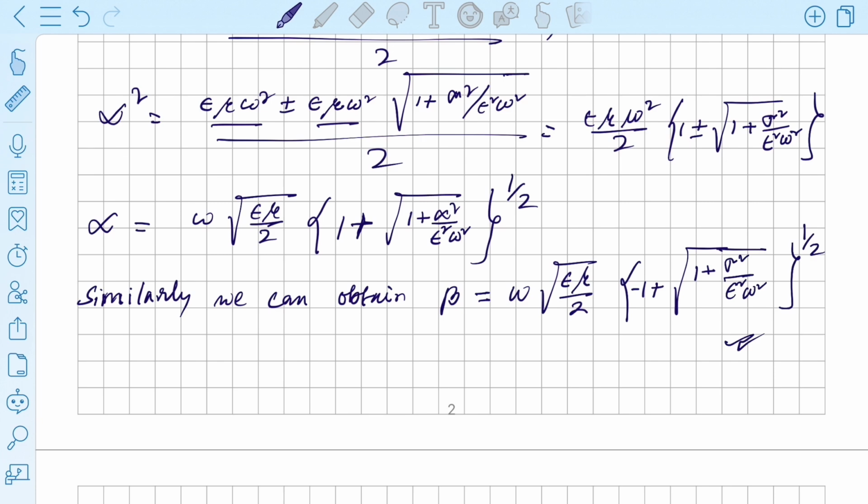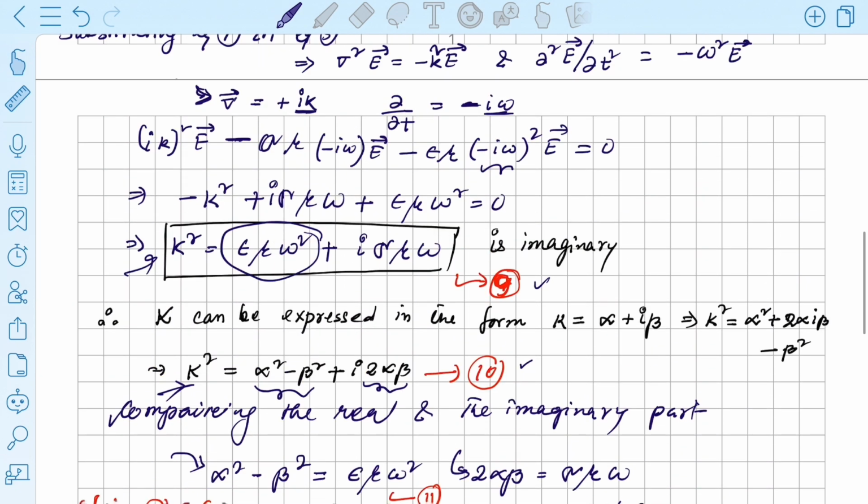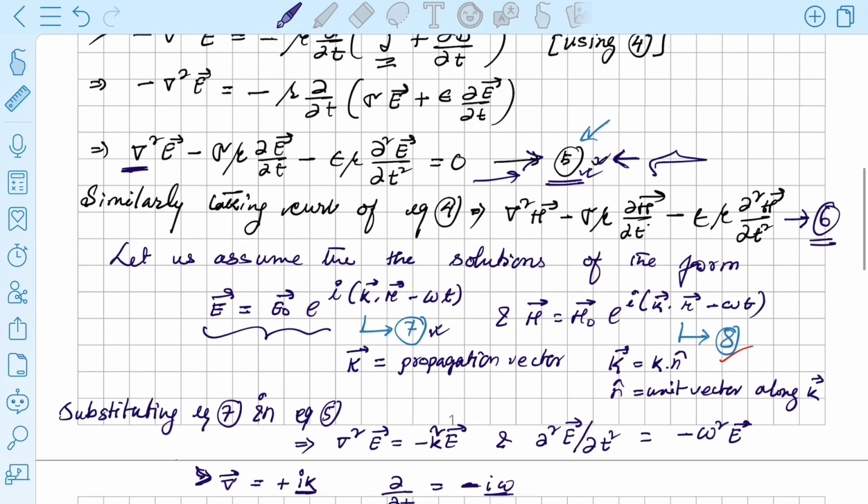Now you see, these equations, the solutions that we have considered, equation number 7 and 8.